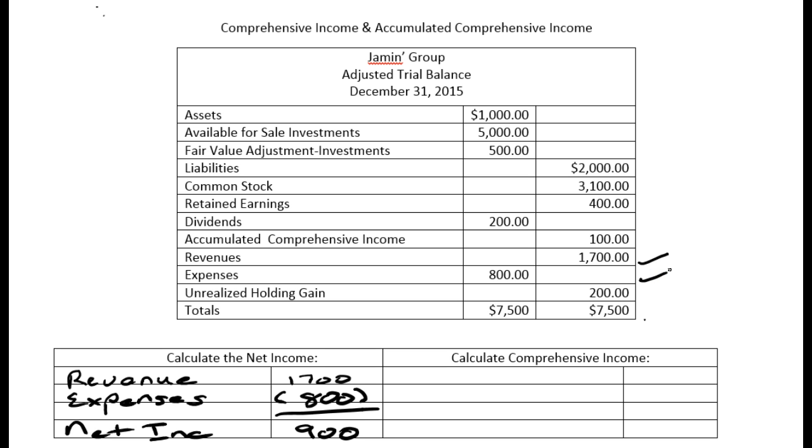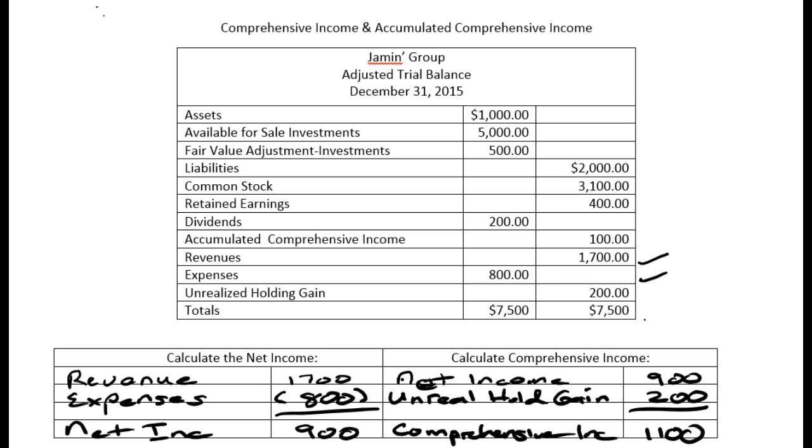$900. The next thing I would like you to do is to practice calculating comprehensive income. So put me on pause and calculate comprehensive income from this example. The calculation of comprehensive income begins with net income, $900, and to that we add the $200 of unrealized holding gain that cannot be included in the current period income because it's for an available for sale investment.